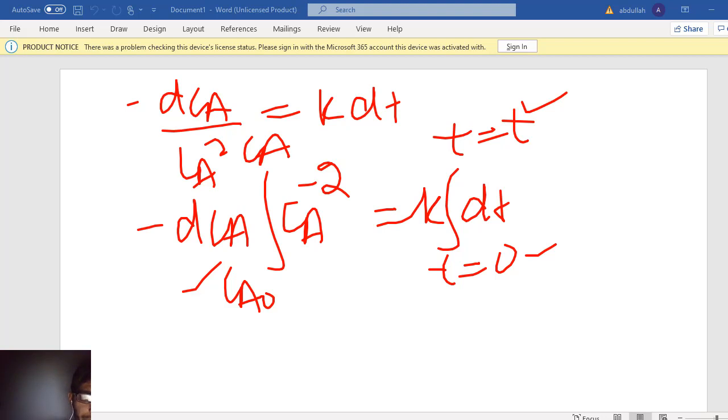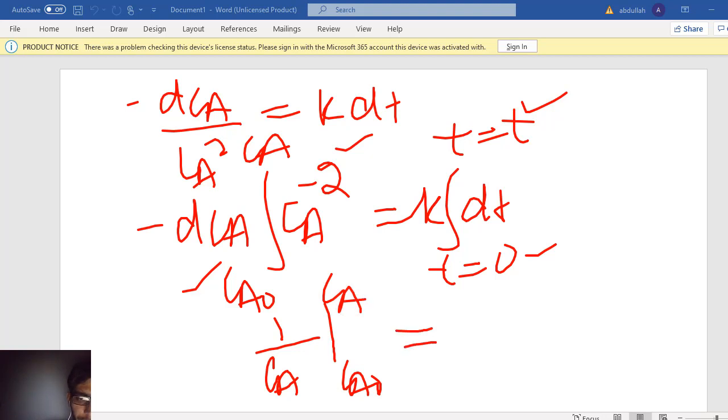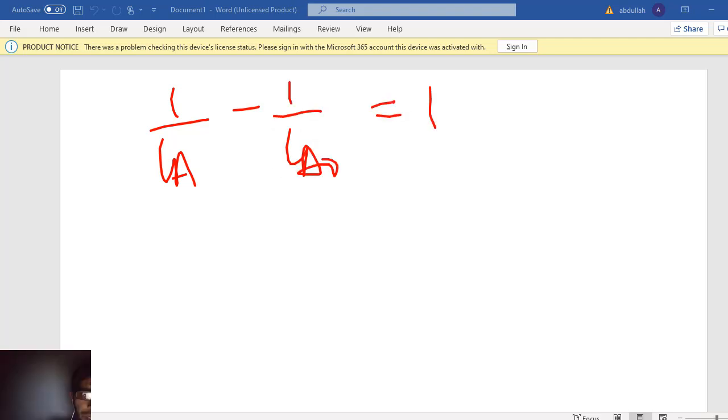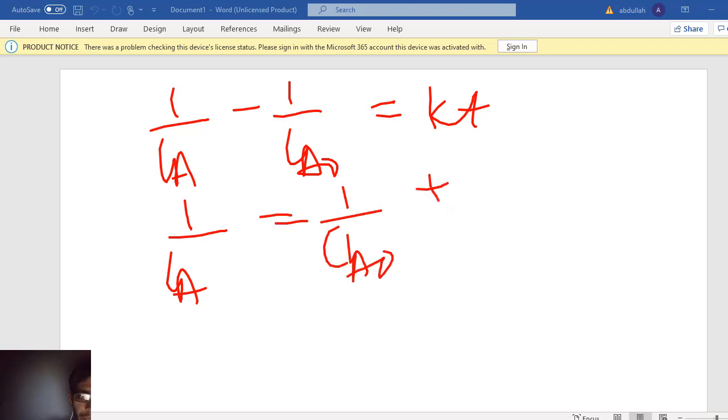It will be equal to 1 over Ca. After applying the limits, it will be 1 over Ca minus 1 over Ca naught is equal to K t. That will be 1 over Ca is equal to 1 over Ca naught plus K t.